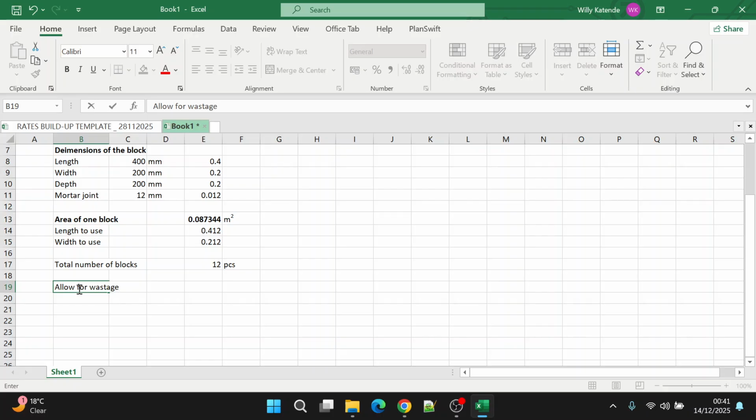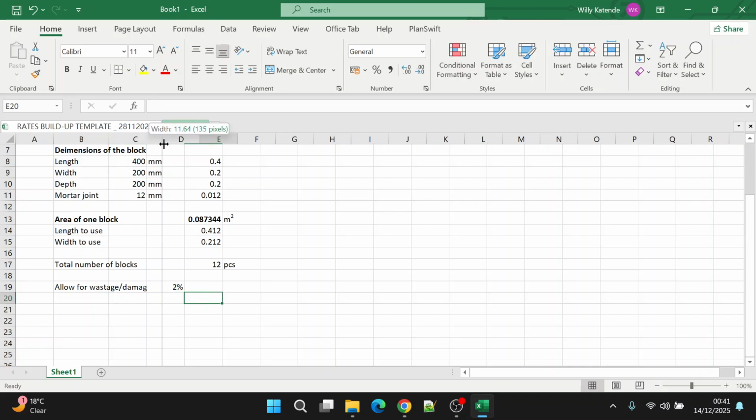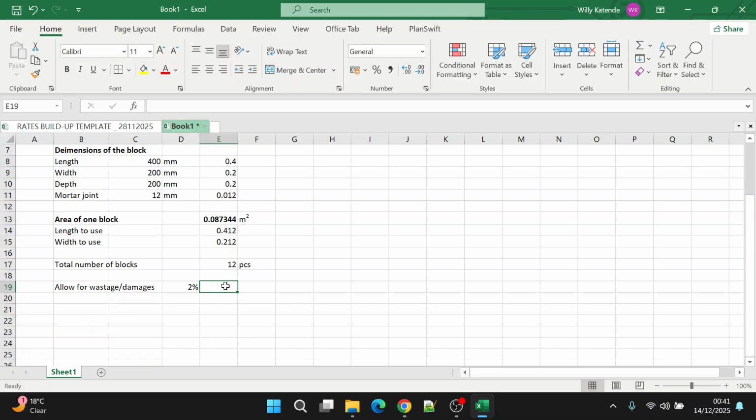You know, when you are transporting them from the factory, there are normally some blocks that are damaged during transportation, and also at site there are many cases of wastage. So we allow for wastage, you can allow 2% wastage. So we are going to increase 12 by 2%.